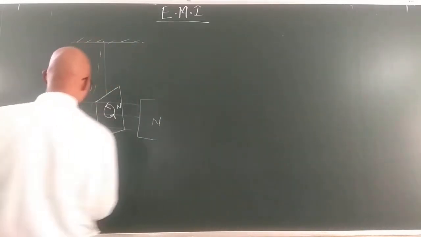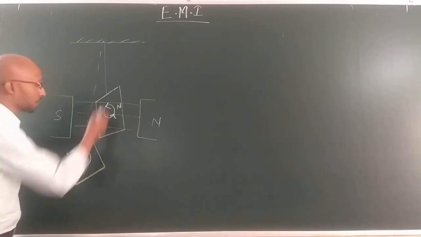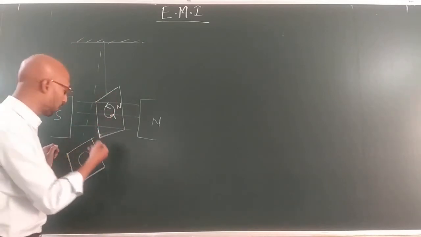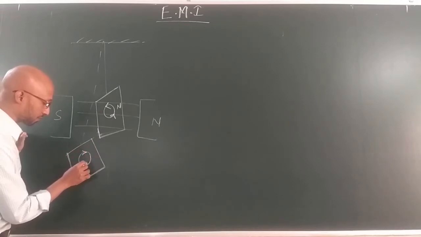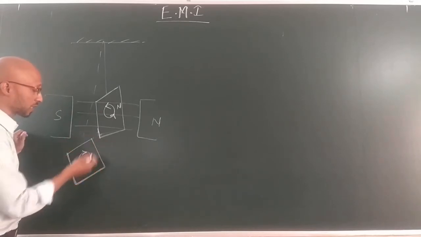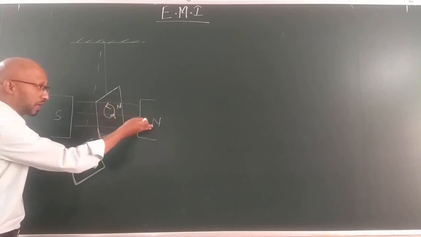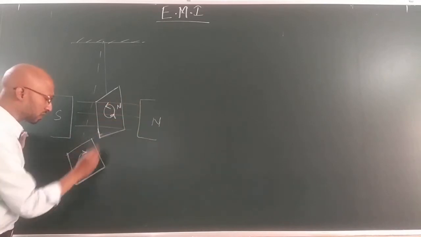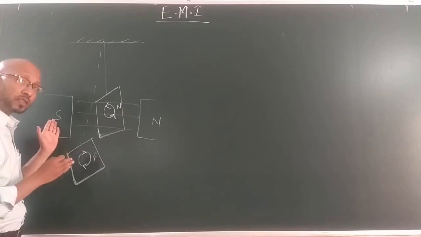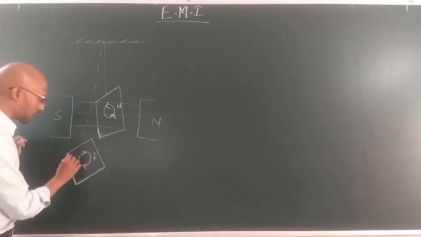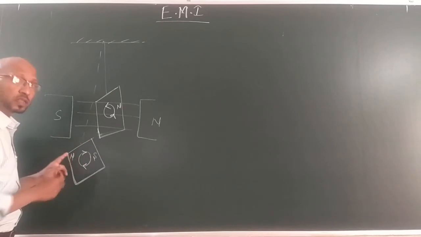So the circulating current induced when a plate is leaving the magnetic field is in a clockwise direction. Now what happens? The plate side which is facing the north pole will acquire a south pole, and the other side will acquire a north pole.